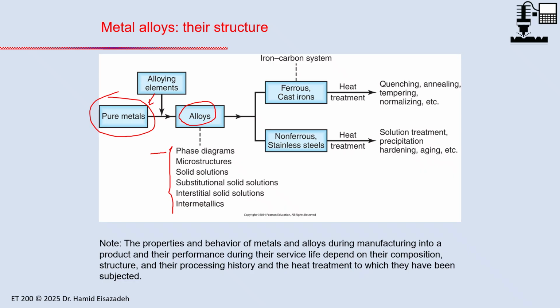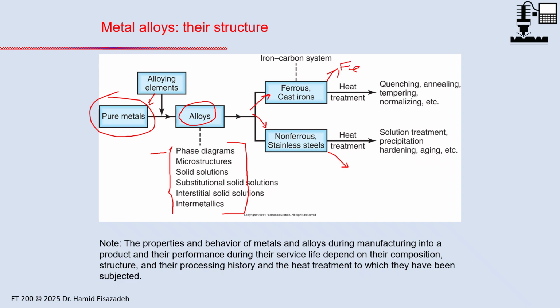We discussed these concepts in this lecture as much as possible. Alloys are divided into ferrous and non-ferrous materials. Ferrous materials are those that have iron as a base metal, and non-ferrous are those that don't have iron. So this is Fe.